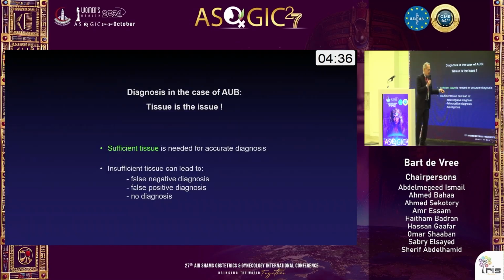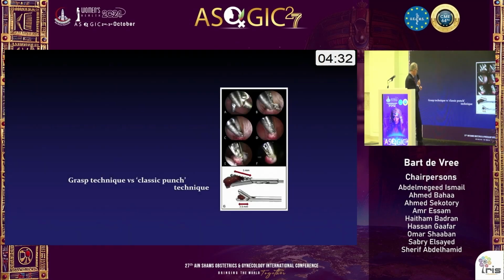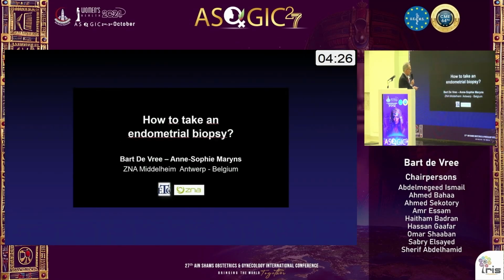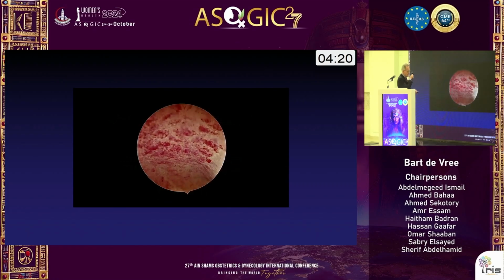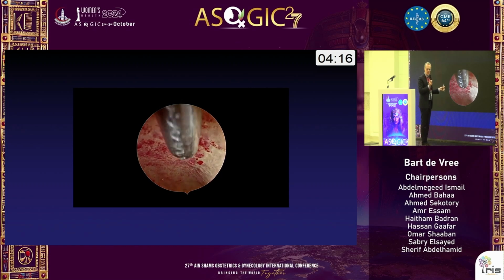How do we take the biopsy? I will just go through with you. So we use the grasp technique and not the punch technique anymore. I will just show you a little video of how I take the biopsy. Probably you know already. So we are in the consultation room.